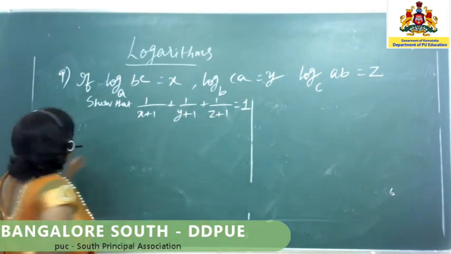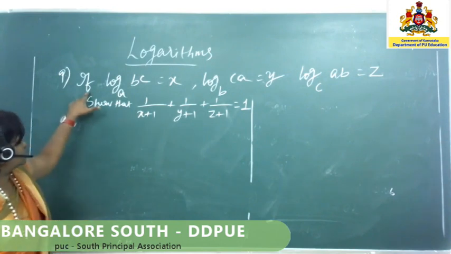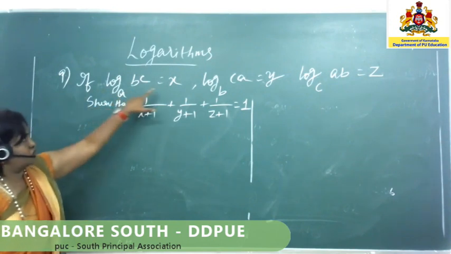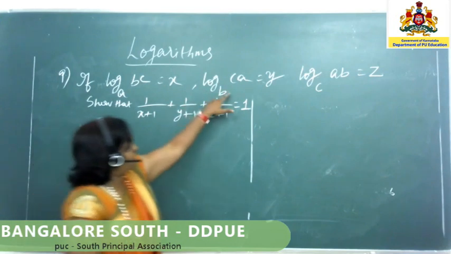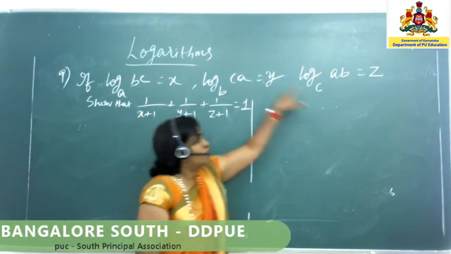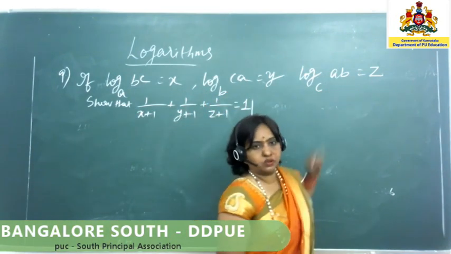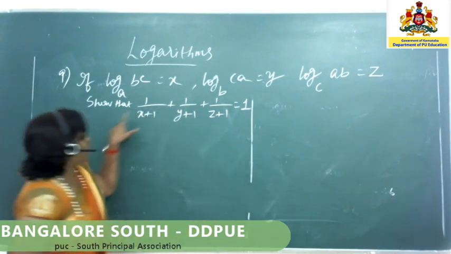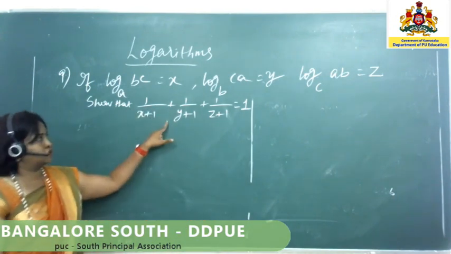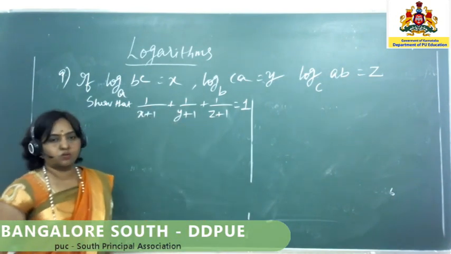So here what they are given is, if log BC to base A is equal to x, log CA to base B is equal to y, log AB to base C is equal to z, then show that 1 by (x plus 1) plus 1 by (y plus 1) plus 1 by (z plus 1) is equal to 1.